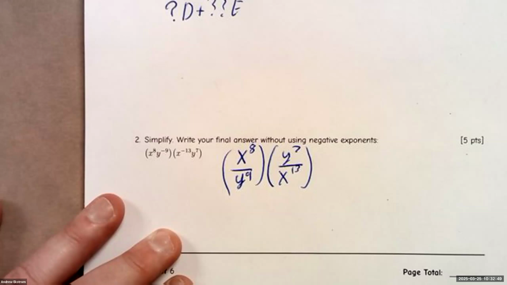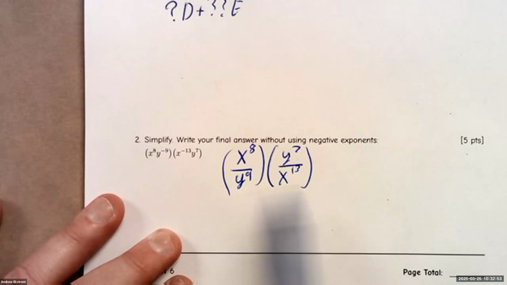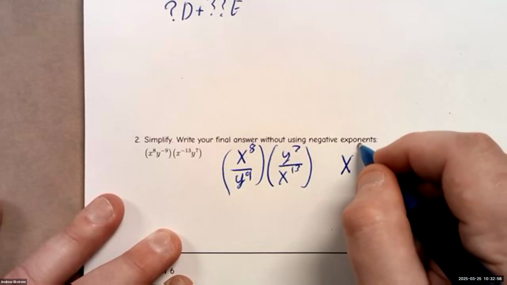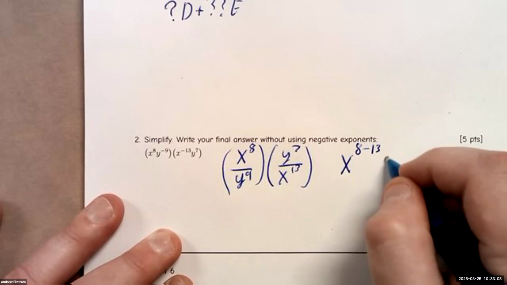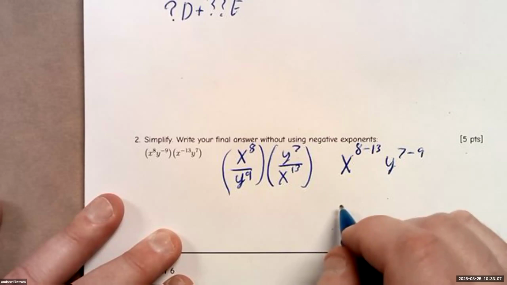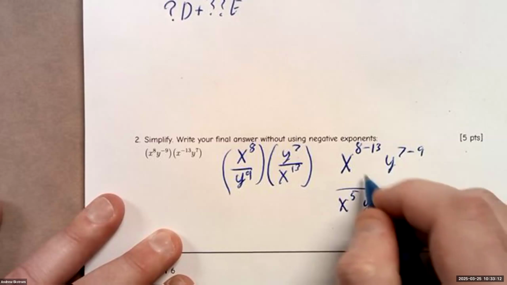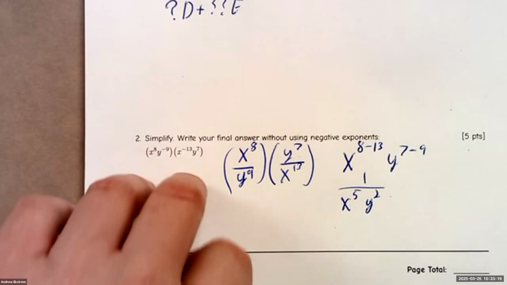And when you try to eliminate these, you can either do it as, say, x to the 8 minus 13, and then y to the 7 minus 9, 8 minus 13, negative 5. Since that's in the numerator, you drop it to the denominator. So there you go with that.